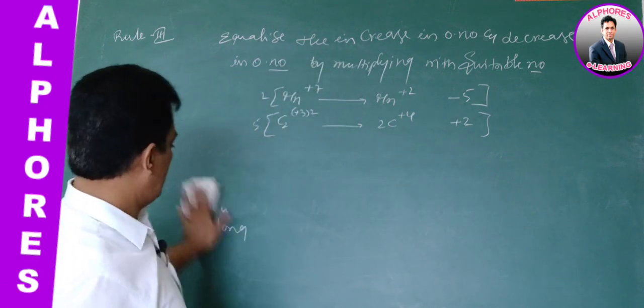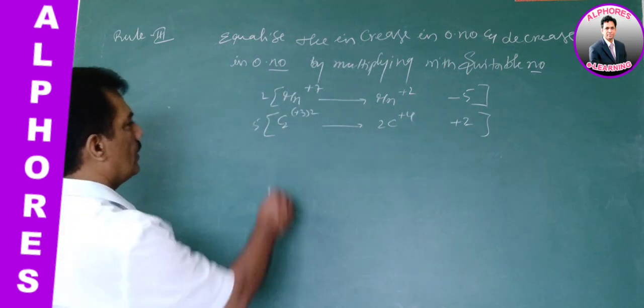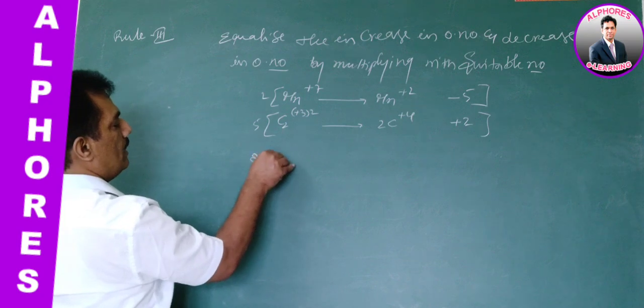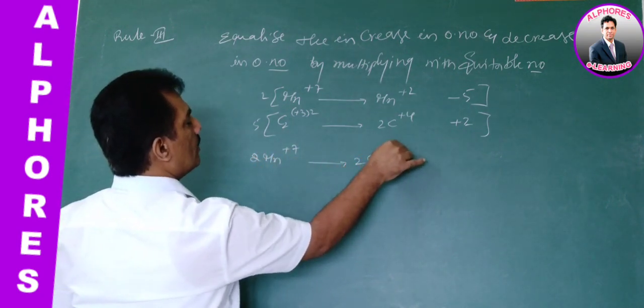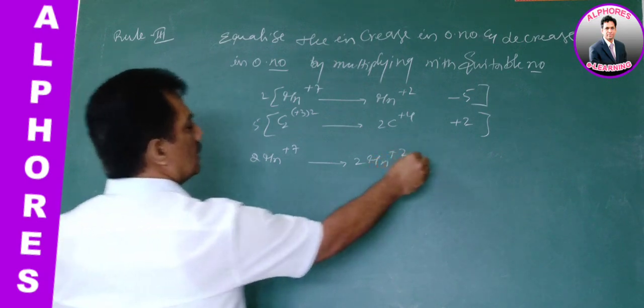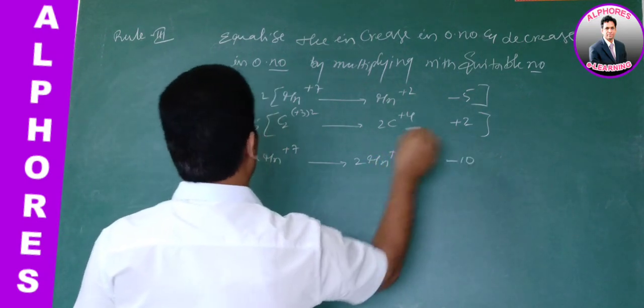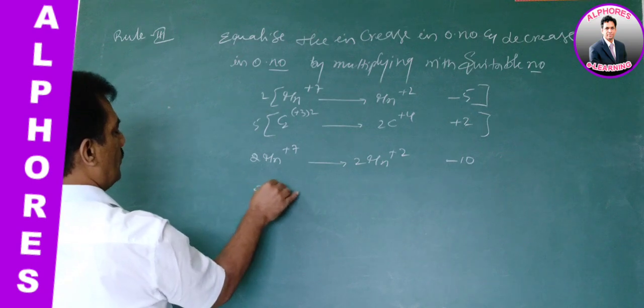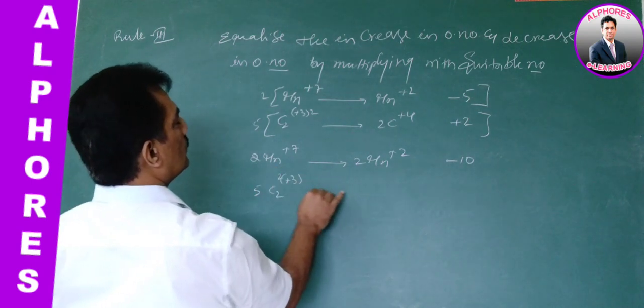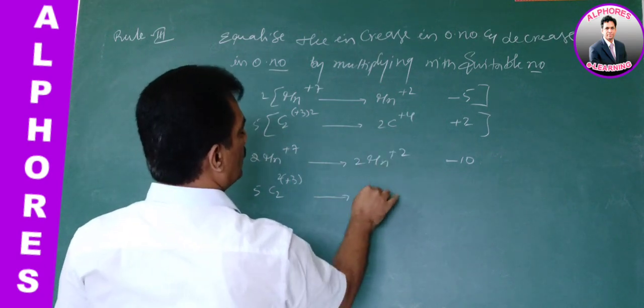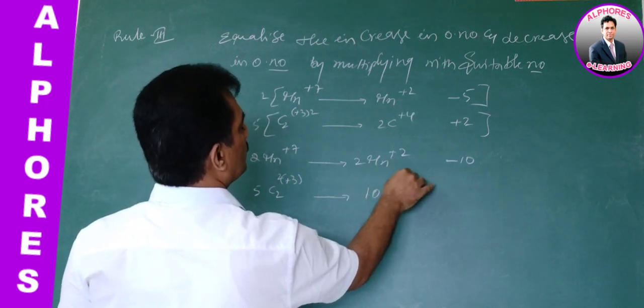Then what we are getting is 2Mn plus 7 giving 2Mn plus 2, and the change is minus 10. And 5C2 plus 3 into 2 giving 5 into 2, 10 C plus 4.